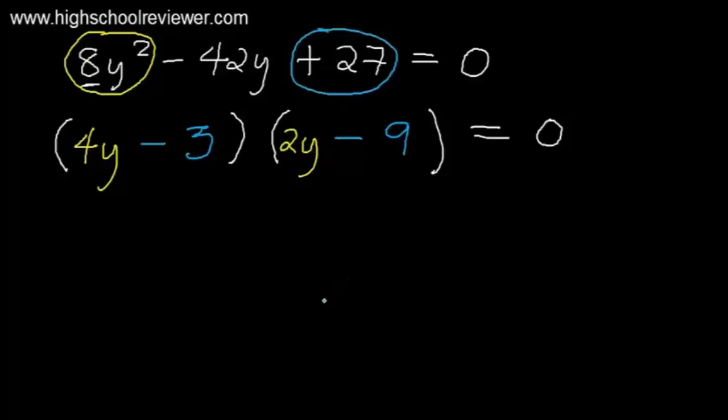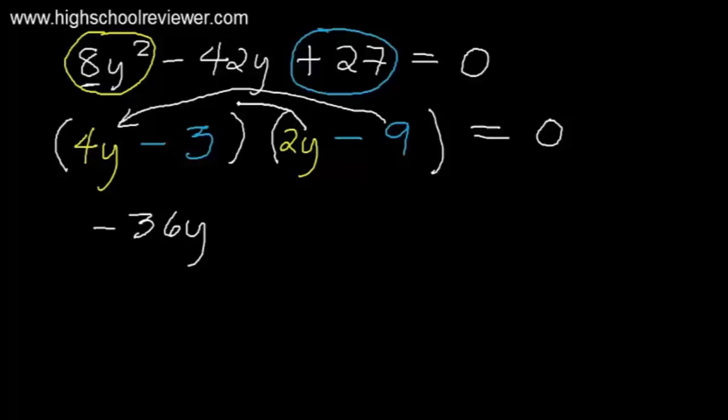Now let us check if our factors are correct. We are going to multiply the outside terms. So negative 9 multiplied by positive 4y will give us negative 36y. And we will multiply the inside terms.